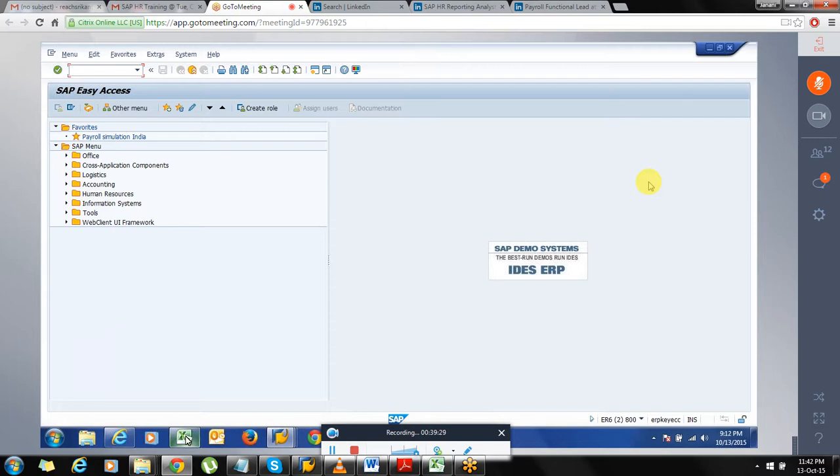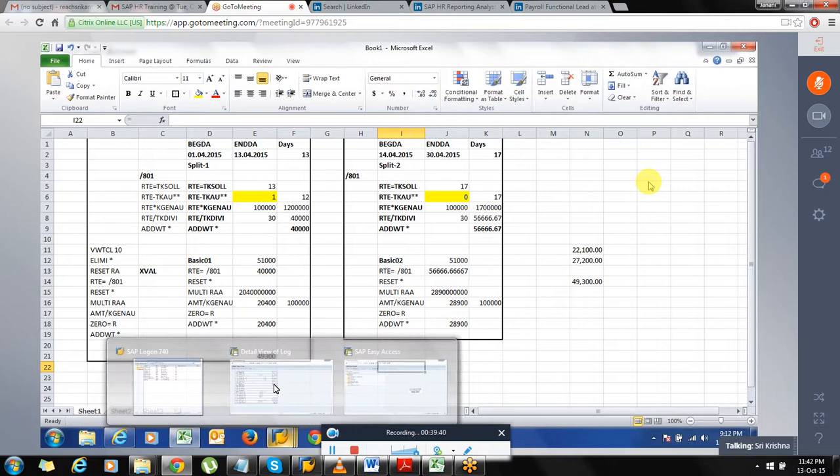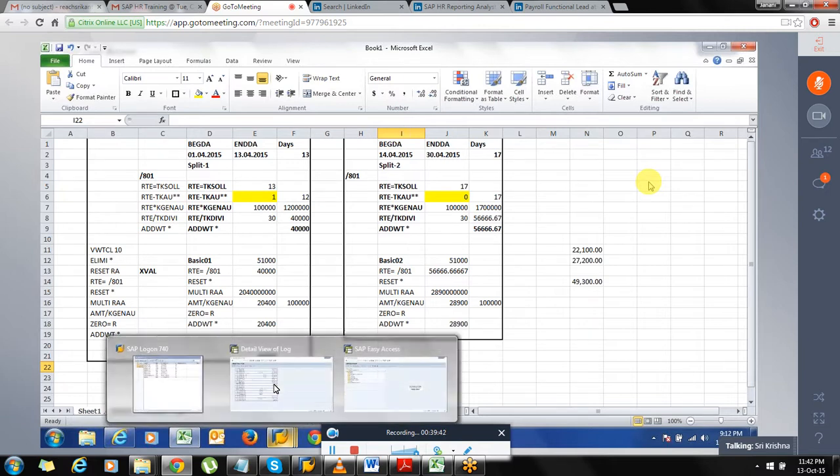See, actually the scenario we worked on today is to generate an attendance bonus wage type. If an employee is not having any of the absence options in the month, this will happen many times for industrial workers or associate employees, whatever we call.